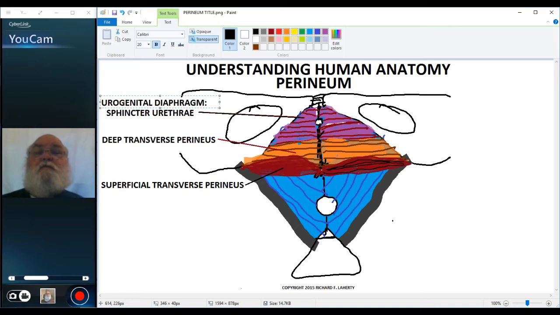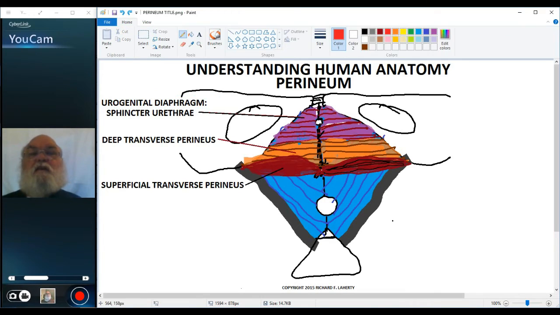Now, we also have erectile bodies. What I want to do is draw in the two corpora cavernosa, which are the dorsal erectile bodies of the penis. And they are each anchored to the ischiopubic ramus by their crura.